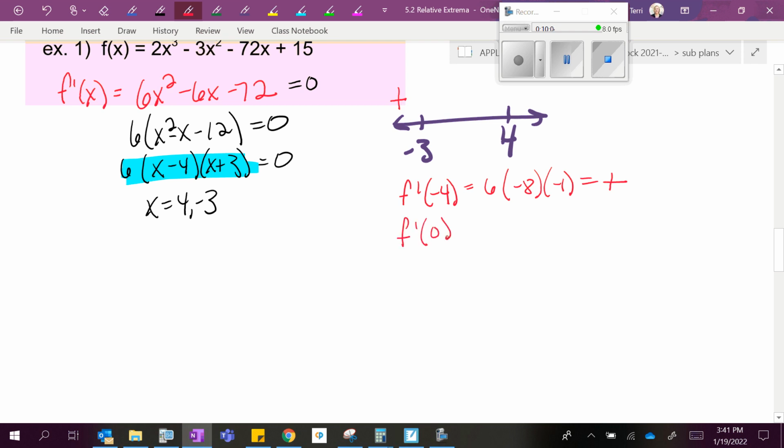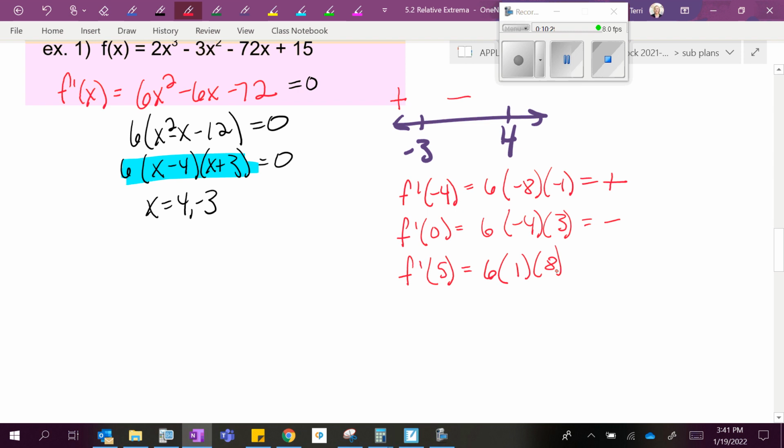Middle interval, I'm going to choose 0. So I plug it in, and I get 6, -4, and 3. So I'm going to get a negative, so it's decreasing on that interval. For my last interval, I'm going to choose 5, and I plug it in.